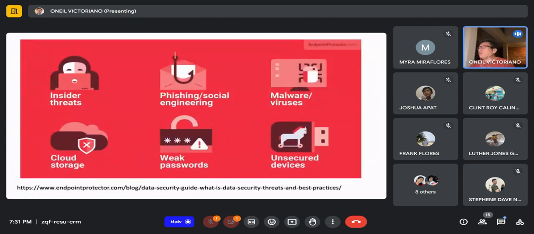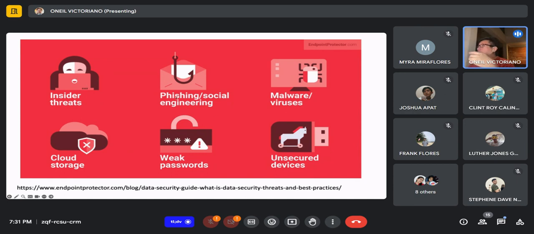So also part of the data security is to be able to understand different attacks, no? Again, we don't have time for that, but these are just examples. So there would be insider threats, those inside the organization who are copying files or stealing information.